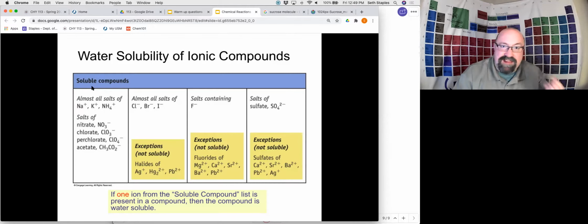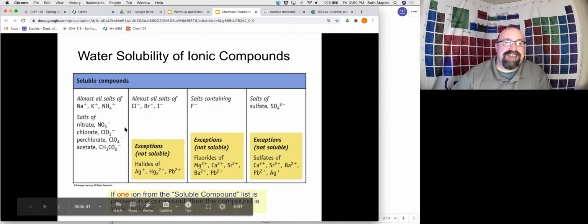Potassium. If potassium is my first ion listed, if ammonium, NH4 plus, is my first ion listed, those are going to be soluble compounds. They will dissolve in water. Any nitrates, anything that ends with NO3, any chlorates, any perchlorates, any acetates.